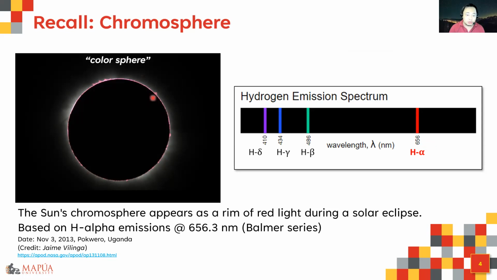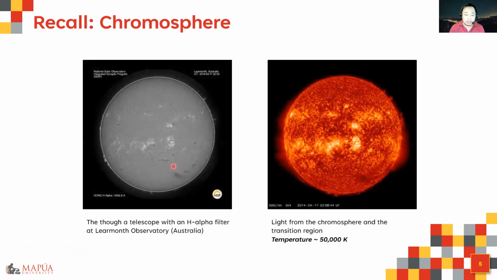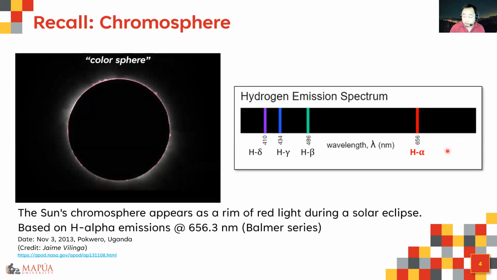If we look at the other spectral lines of the chromosphere, you can observe these spectral lines. Because of that, we can observe the sun in these wavelengths for the chromosphere. What does it mean?